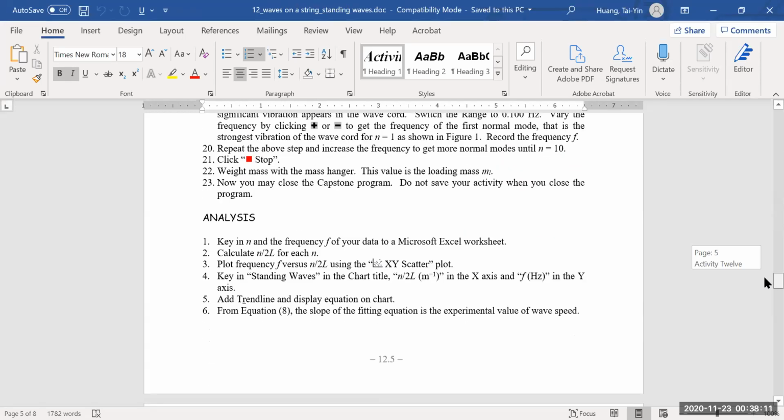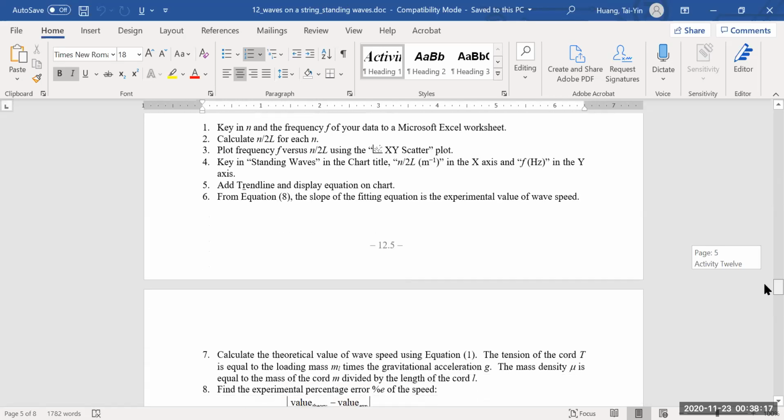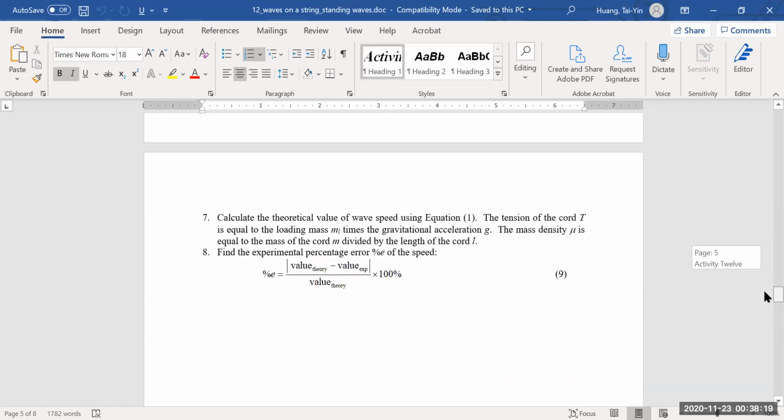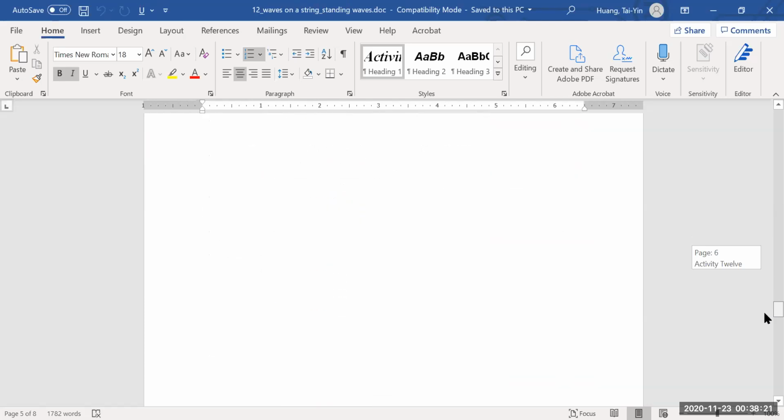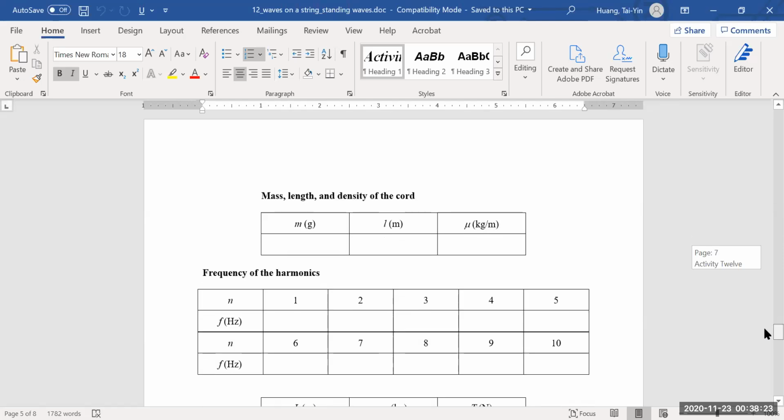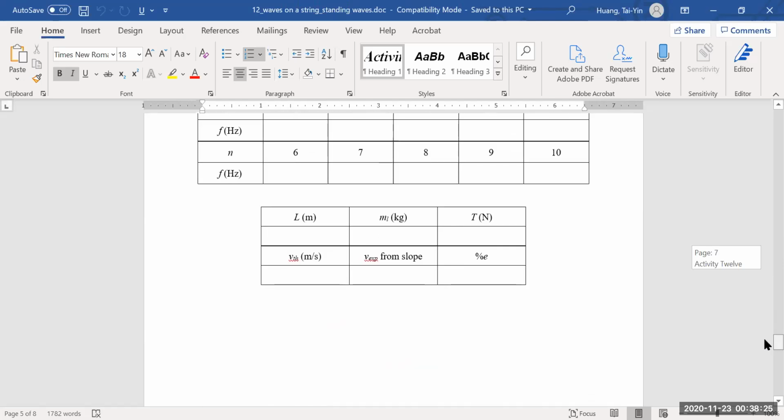So I think that's pretty much what you're going to do for this experiment. Very straightforward. Now data analysis, let's look at the data.